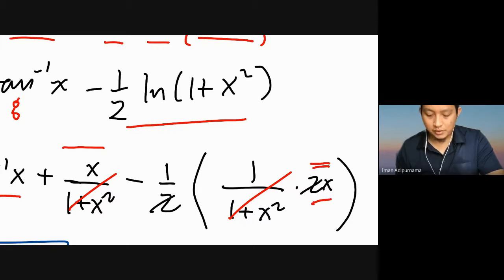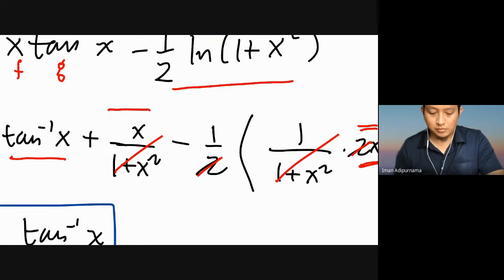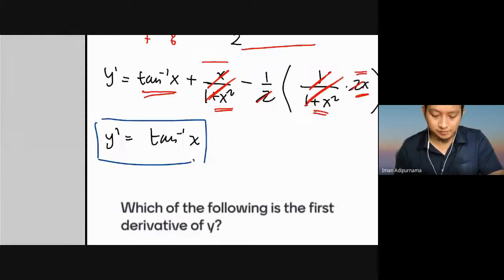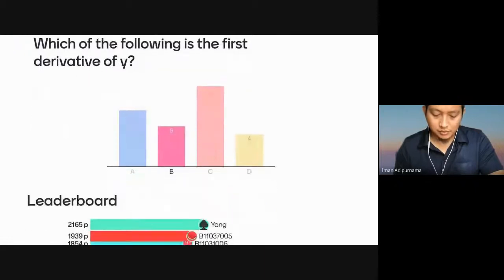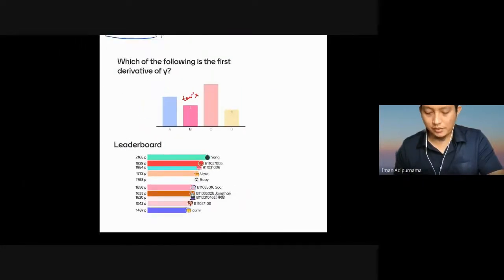The 2 cancels with the half, and this results in the same element as the other term, so we can cancel both. We are only left with tangent inverse x as our answer. So that is the result, tangent inverse x. Congratulations to the winner.